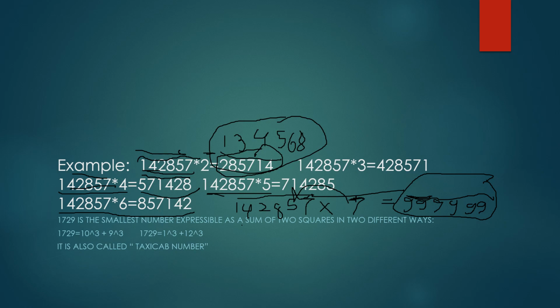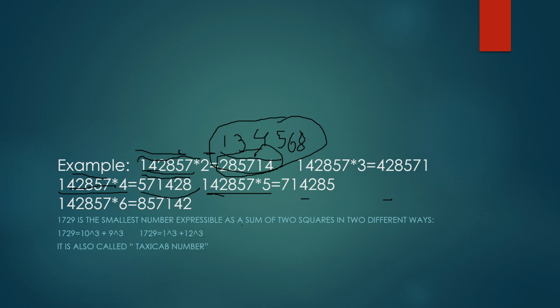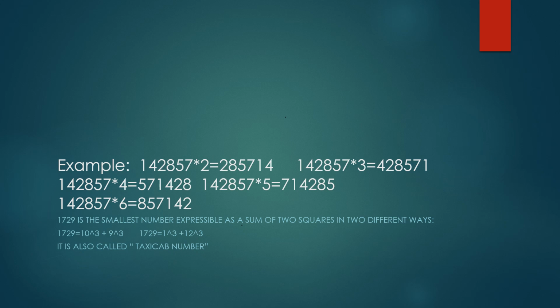Next we have 1729, which is also a unique number. It is also called a taxi cab number. There is a famous story behind this, and the story goes like this.